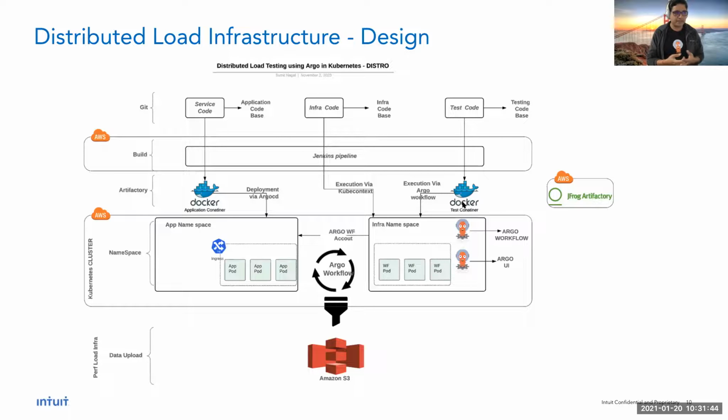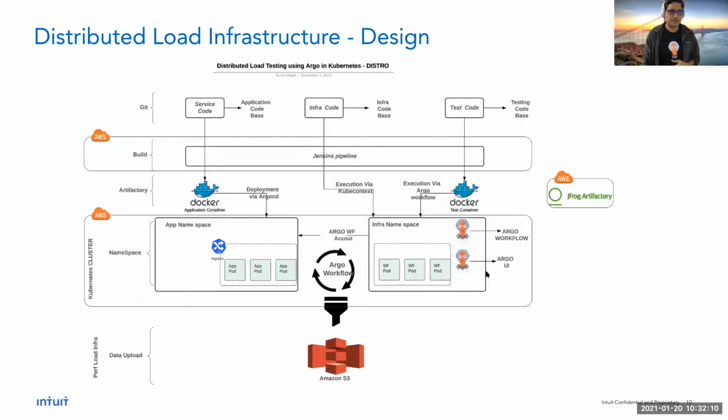And in the infra code, you will have the information on what specific Docker entry point or command line to execute and how to parameterize that in the Argo workflow. Through this Jenkins pipeline, we just execute those processes and it will grow based on your demand and supply, that is, how much load you want to give.